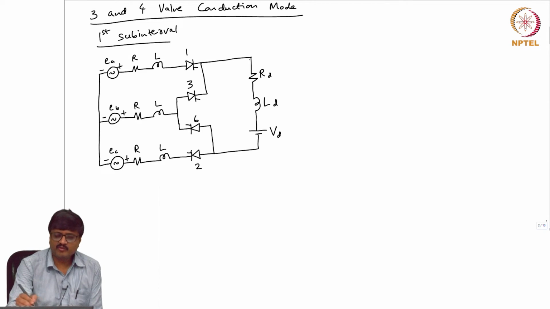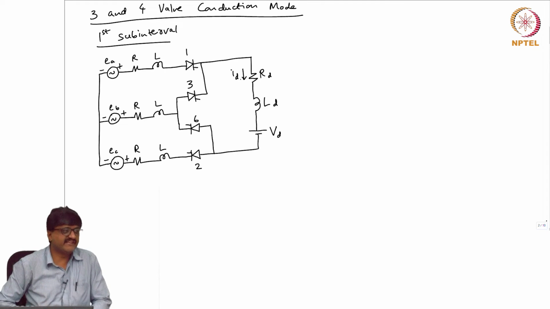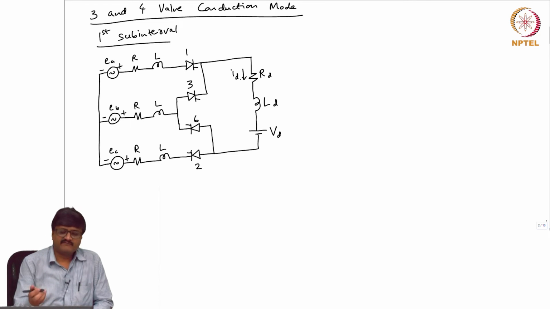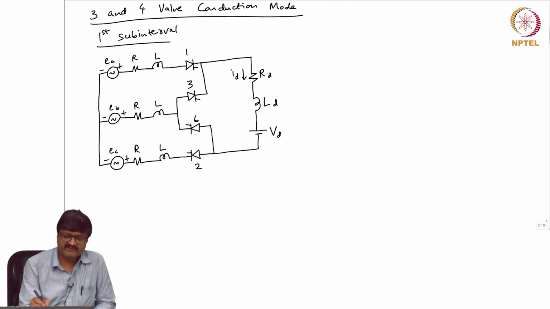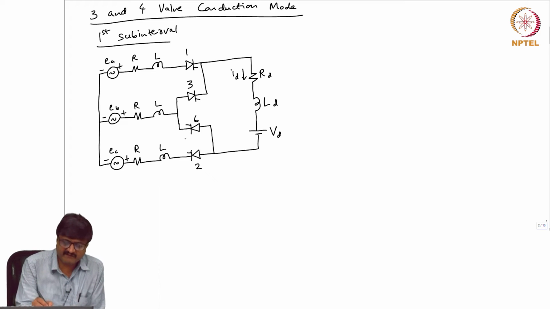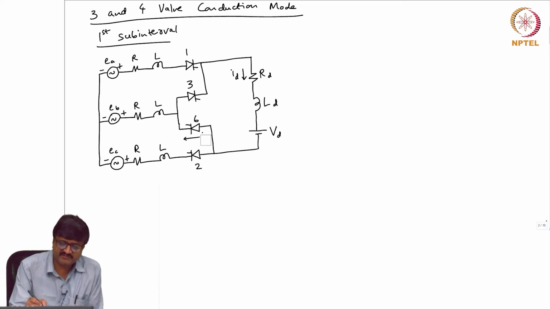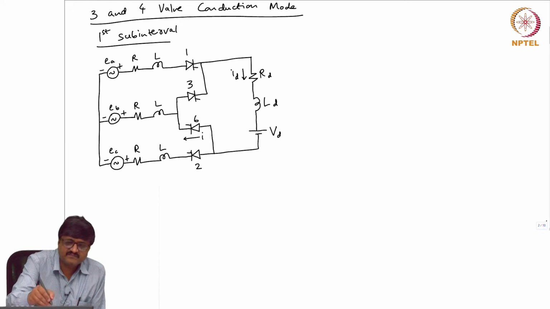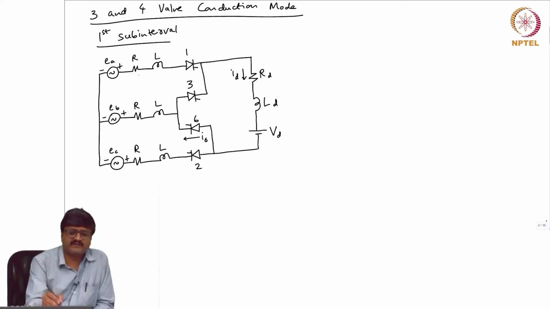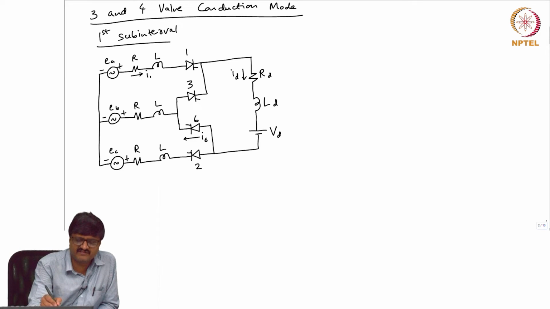So, there is one loop current ID flowing through RD, LD, VD, and we consider one of the elements of x1 as the current through the outgoing valve, that is I6. So, I6 becomes 0 at the end of the first subinterval. And of course, the other current that I consider as a state variable is I1.